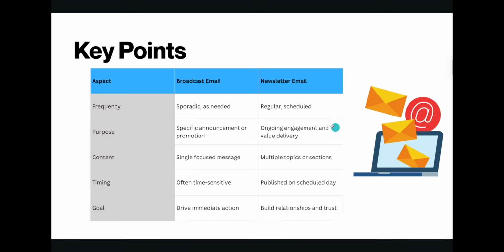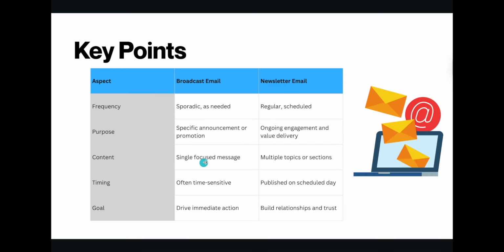So, here are a few of the key points for broadcast emails and newsletter emails, just to give you a comparison chart. For frequency, broadcasts are a little more sporadic, it's more as you need them. And newsletter emails are regularly scheduled emails, something that you write every week or maybe every day. The purpose: broadcast is specific for announcements or promotions, and newsletters are ongoing engagement and value delivery.